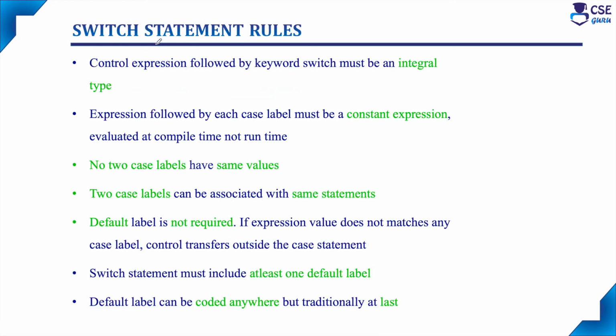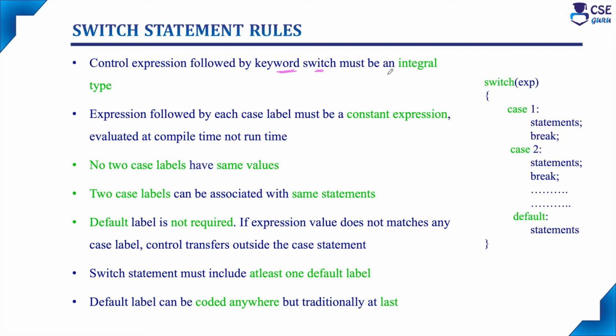Next, rules to use the switch statement in C programming. The control expression following the keyword switch must be an integral value. This control expression should be an integral value, and it should match with the constant. Then only it will select the particular case statement and execute the statements present in that case.